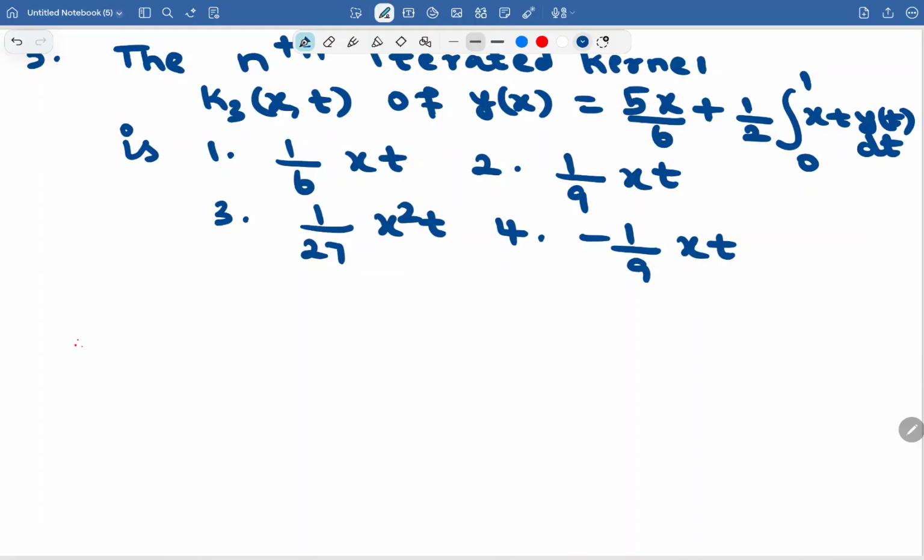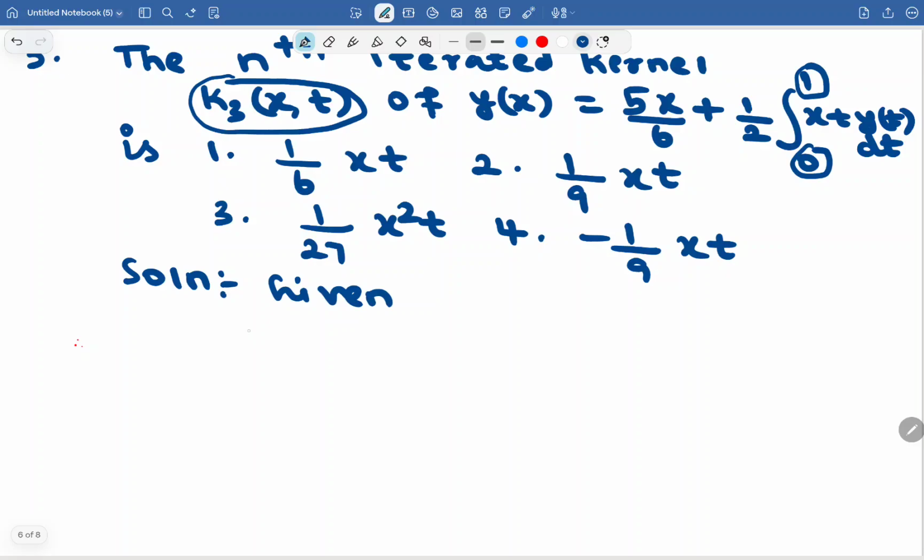The problem is from integral equations. The problem is based on the Fredholm integral equation because both the limits are constant. Solution. For this problem we have to find K3 of (x, t). Among the four options, which one is the correct one?